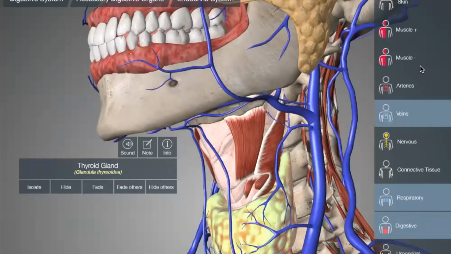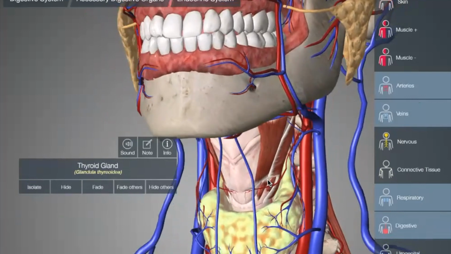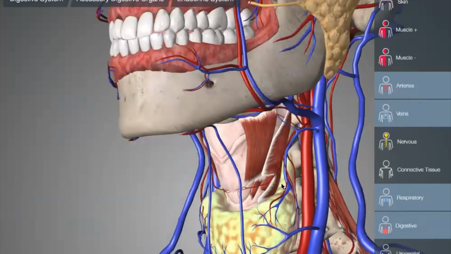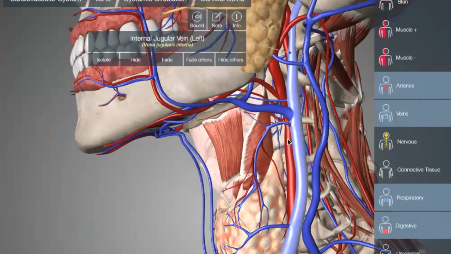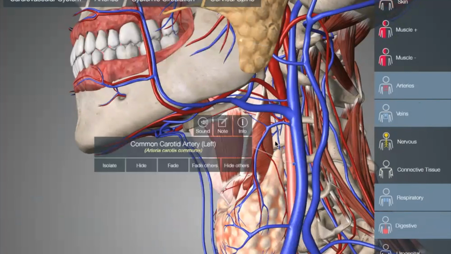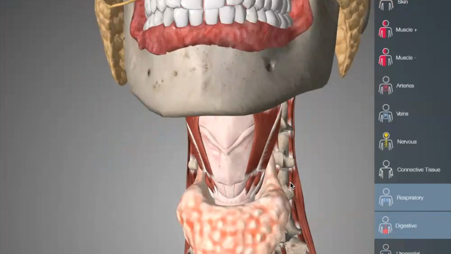The larynx is also very closely related with major blood vessels of the neck, like the internal jugular vein and the common carotid artery. These lie laterally to the larynx. Just general information, and so this gives us the space to say where the location of the larynx is.